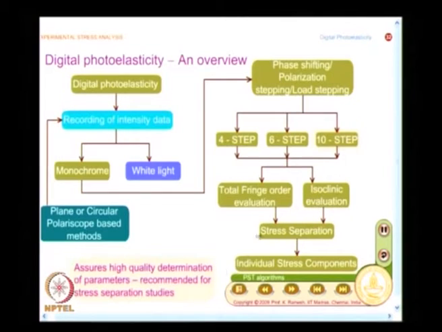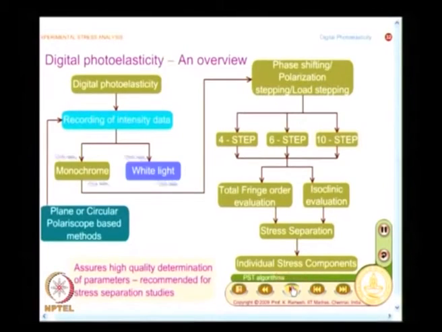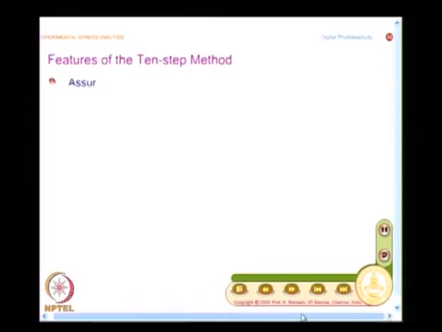And what you find is a 10 step method definitely assures high quality determination of parameters and is recommended for stress separation studies, because stress separation studies require high quality isochromatic and isoclinic. And let us look at what are all the features of the 10 step method.